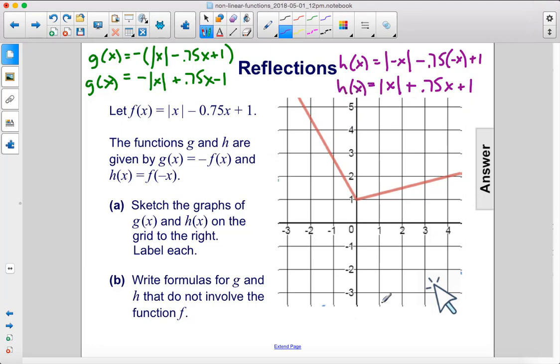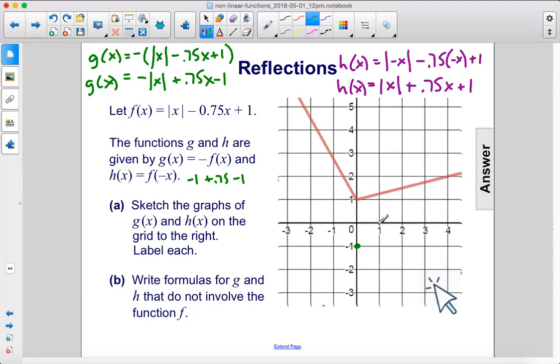Now, if we're going to plot some points, we can just plug in some values and see what we get. Here we have, if we put in 0 for x, we would get 0, 0, negative 1. So this will be one of our points, our y-intercept. If we put in 1 here, we would get negative 1 plus 0.75 minus 1. So that would be negative 2 plus 0.75, so negative 1.25.